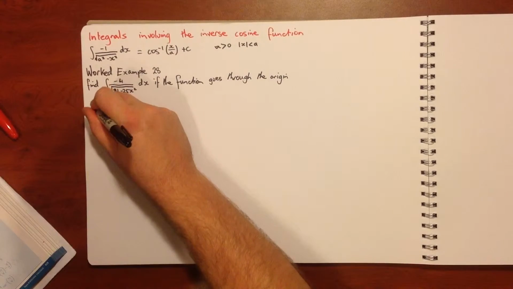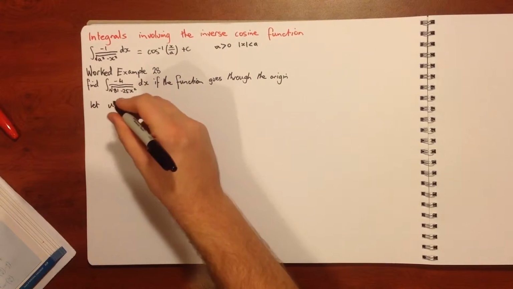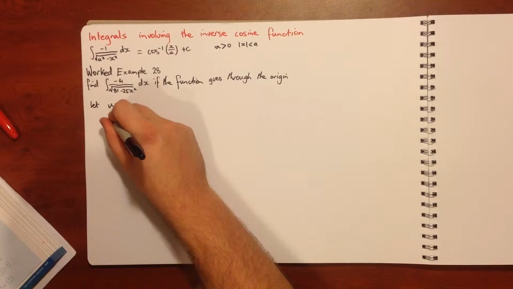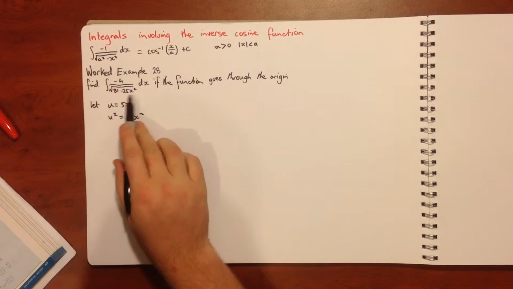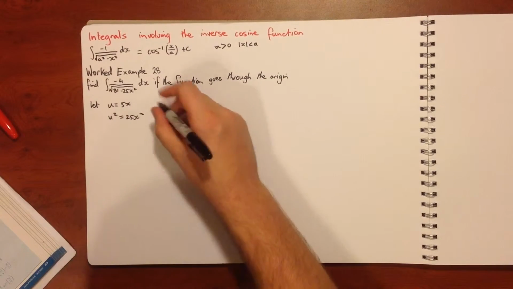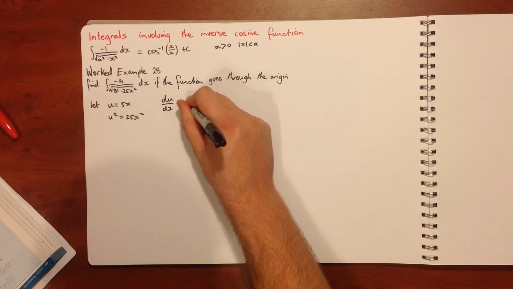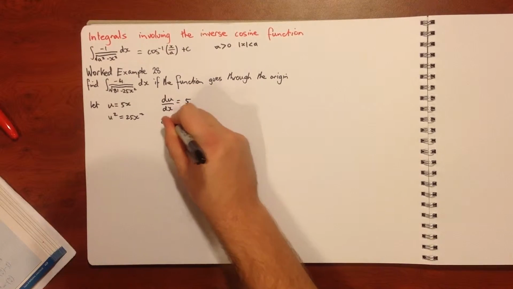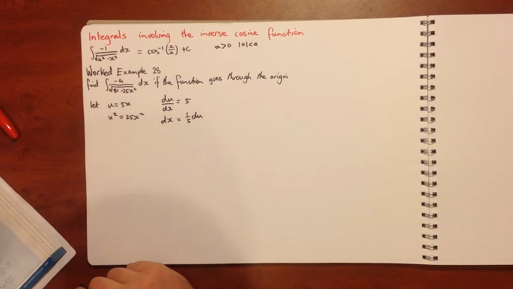We're going to say let u equal 5x, because then u squared equals our 25x squared, which is what we need. If we look at our du dx, that equals 5, so our dx is going to equal 1 on 5 du when we do our rearranging.